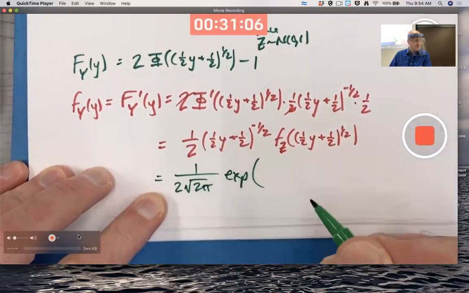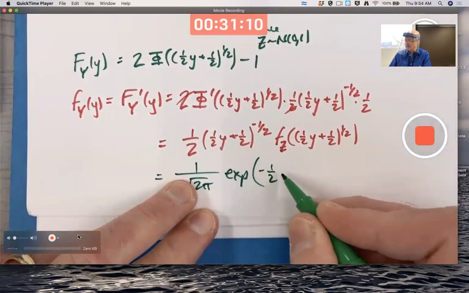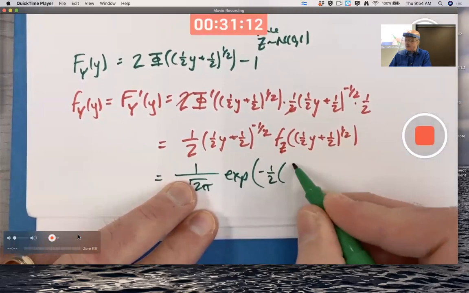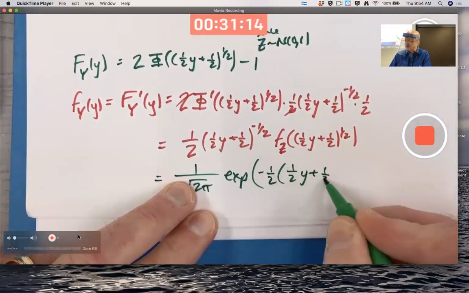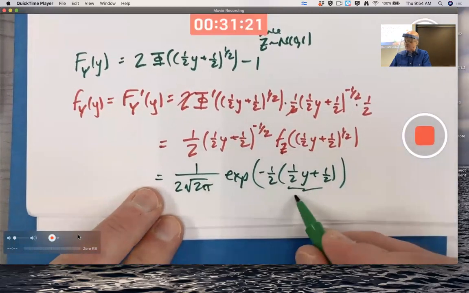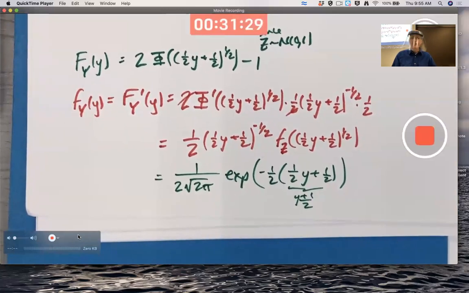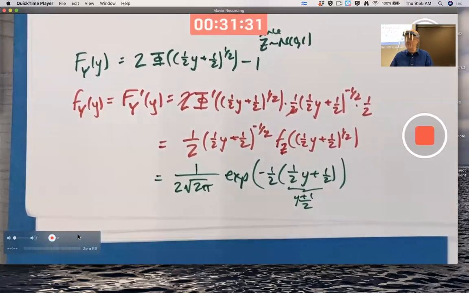Exp, negative 1/2. The square root's going to go away. You're going to have a 1/2 y plus 1/2 in here. You could also write that as y plus 1 over 2. What's the domain here? Just think, we haven't thought about the domain yet.